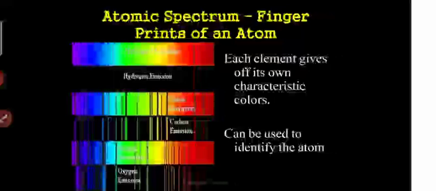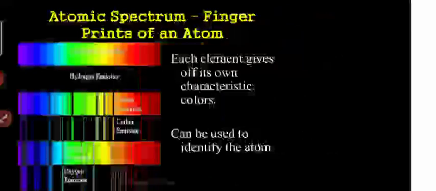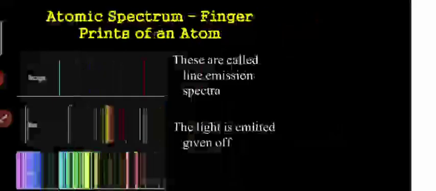Each element gives off its own characteristic colors, so by observing that spectra we can identify which atoms or elements are present in a particular gas or material. Here the hydrogen absorption spectrum is shown, then carbon absorption, hydrogen emission, carbon emission, then oxygen absorption and oxygen emission, and so on. So atomic spectra are fingerprints of an atom.